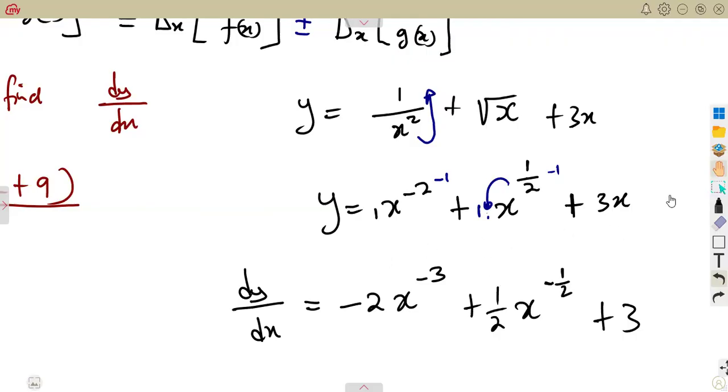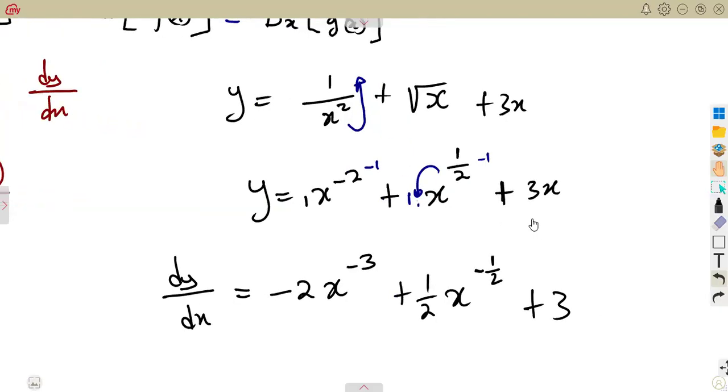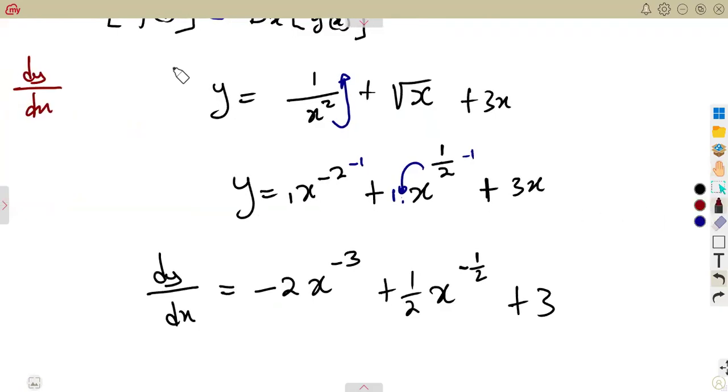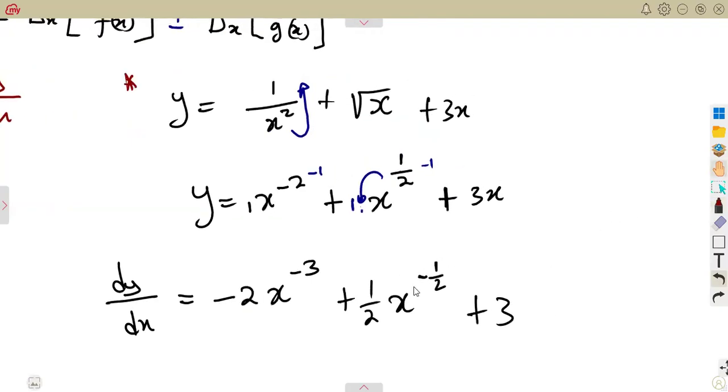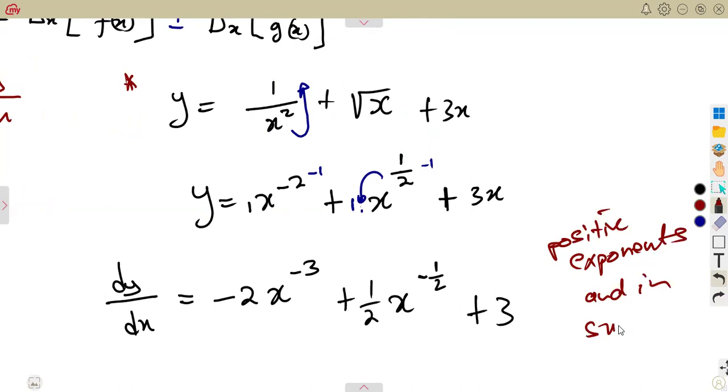But questions might be asked as giving your answer now. These are now different questions that you're given. Maybe you're asked to give your answer as positive exponents, and in surd form where applicable.